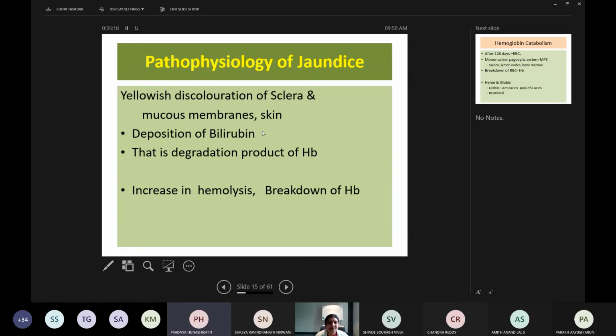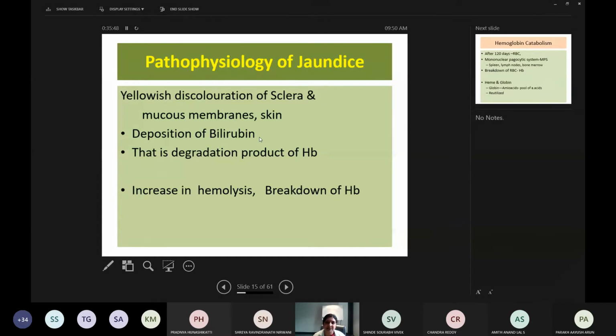Deposition of bile salts. Yeah, can you be a little more specific? What should be the level of bilirubin to change the color of the skin or mucous membrane to yellow? If you know the normal level of serum bilirubin, then above which level will the skin coloration change?